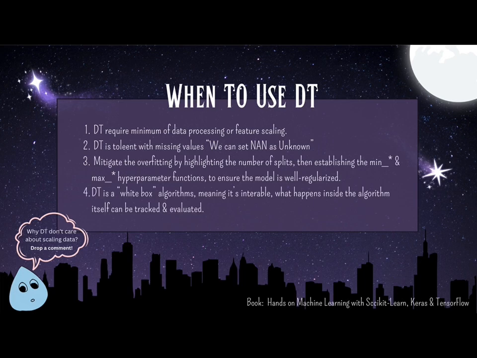Decision trees are able to mitigate overfitting by limiting the number of splits and establishing the minimum and the max arguments that we see in the sklearn library to ensure the model is well regularized. Decision tree is also a white box algorithm, meaning it's interpretable. What happens inside the algorithm itself can be tracked and evaluated.